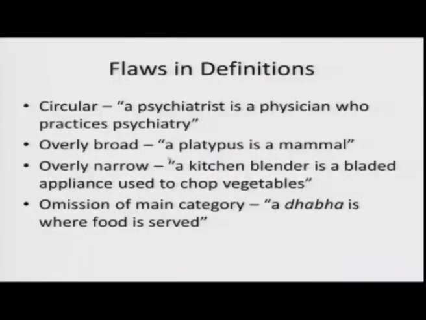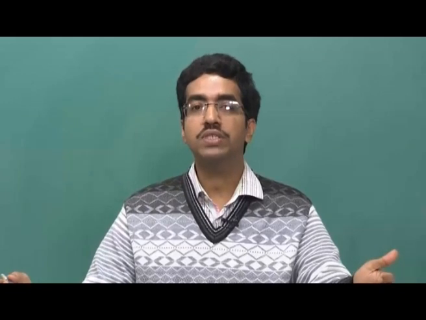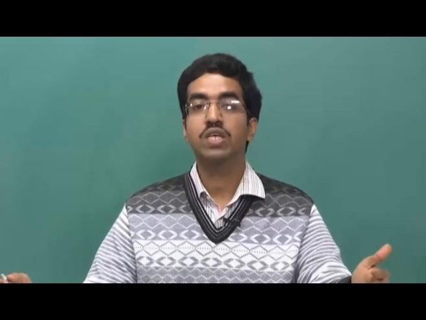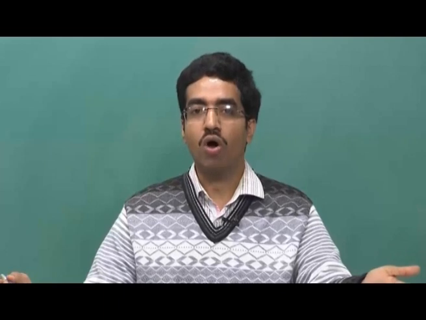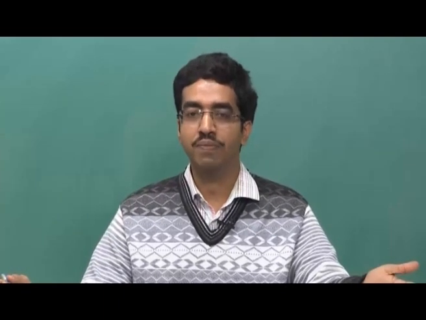If you say a platypus is a mammal, you are trying to define what a platypus is, and you have simply said it is a mammal, but many other animals come under this broad category of mammal. How is a platypus different from other members, say a horse or even human beings?